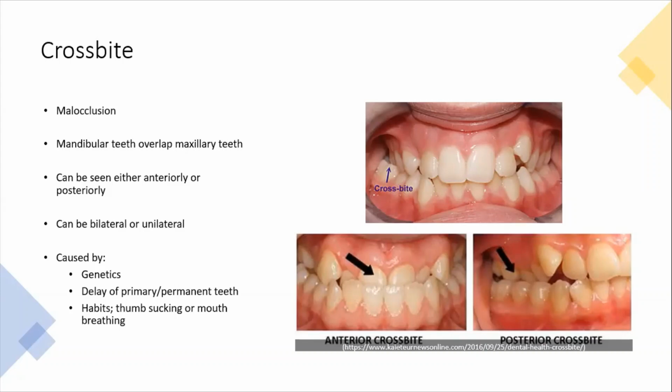Sometimes they're caused by a delay of the primary and permanent teeth, or habits like thumb sucking or mouth breathing. You can see in a lot of the pictures just where we've got those mandibular teeth overlapping the maxillary teeth. You can see the anterior crossbite there. They're covering those central incisors. And in the posterior, we've got that mandibular first molar overlapping that maxillary first molar.